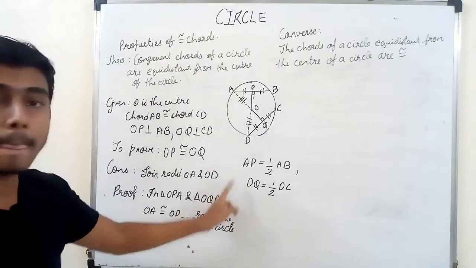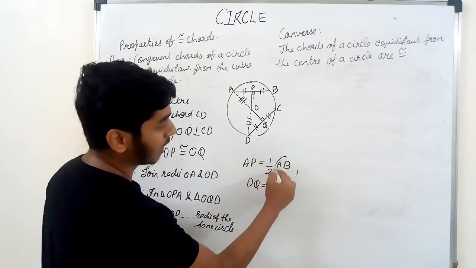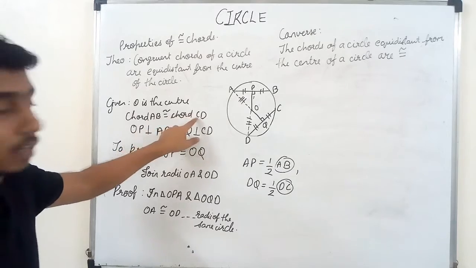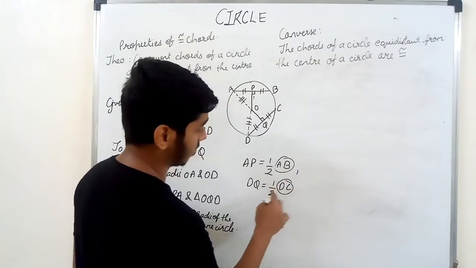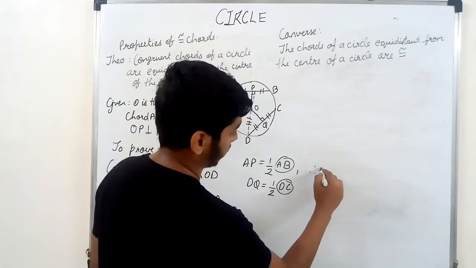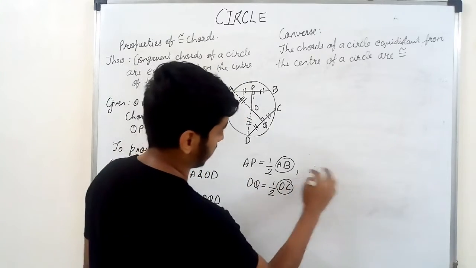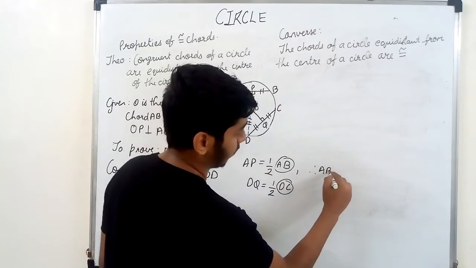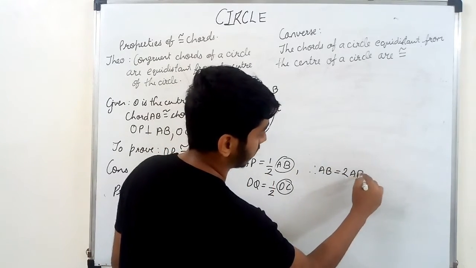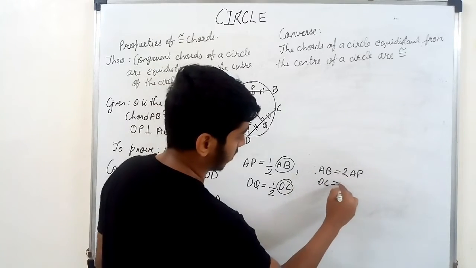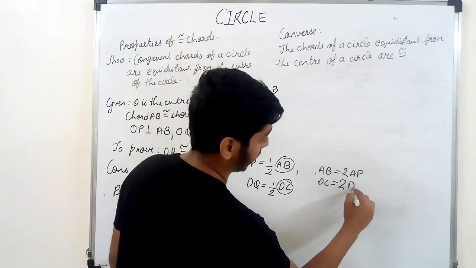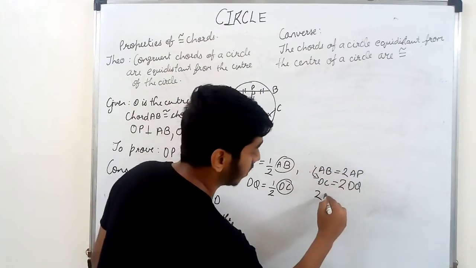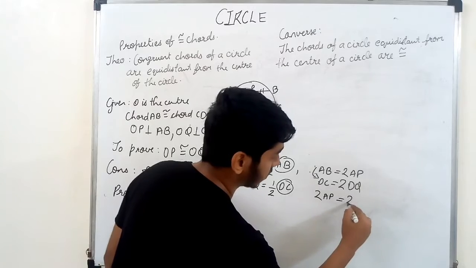Now AB and DC are both congruent. Therefore, if I write AB as 2AP and DC as 2DQ, then 2AP is the same as 2DQ.